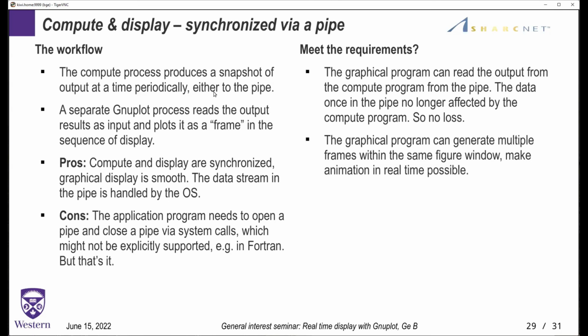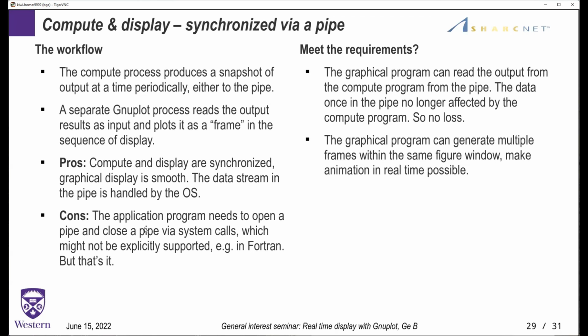The compute process produces snapshots, the output at a time periodically, and then a separate Gnuplot process reads the output from the pipe. The pros: the compute and display are synchronized, and the graphical display is smooth. The data stream in the pipe is handled by the operating system.